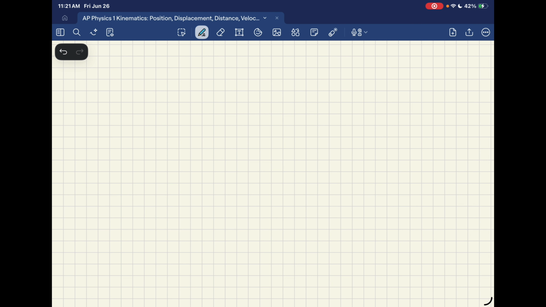Let's do one final example problem now with acceleration. Let's say that our cart accelerates from an initial speed of 5 meters per second some distance to 17 meters per second over here. So here is our initial velocity, and here is our final velocity.